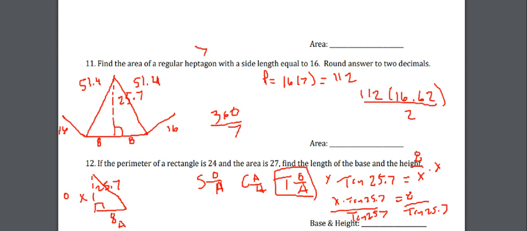We take those two and multiply them together, so times 112, and then divide it by 2, and depending on how we round and when we round, we should be pretty close to 930.8. And again, if I don't see any units, I'm just going to write units squared.